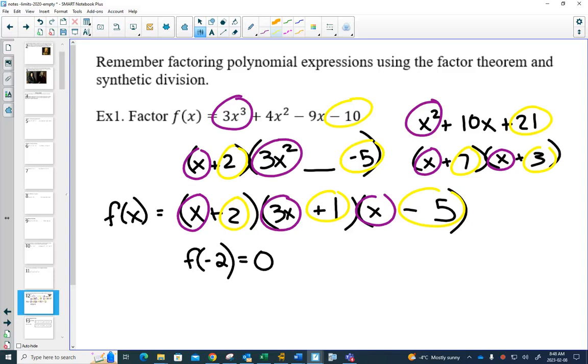And because it's one of the factors, the yellow number is giving us the hint. It might have to be an x plus 2, an x plus 1, an x minus 1, an x plus 5, an x minus 5, an x plus 10, an x minus 10. We are limited to our options for which numbers could work. And that gives us an advantage.